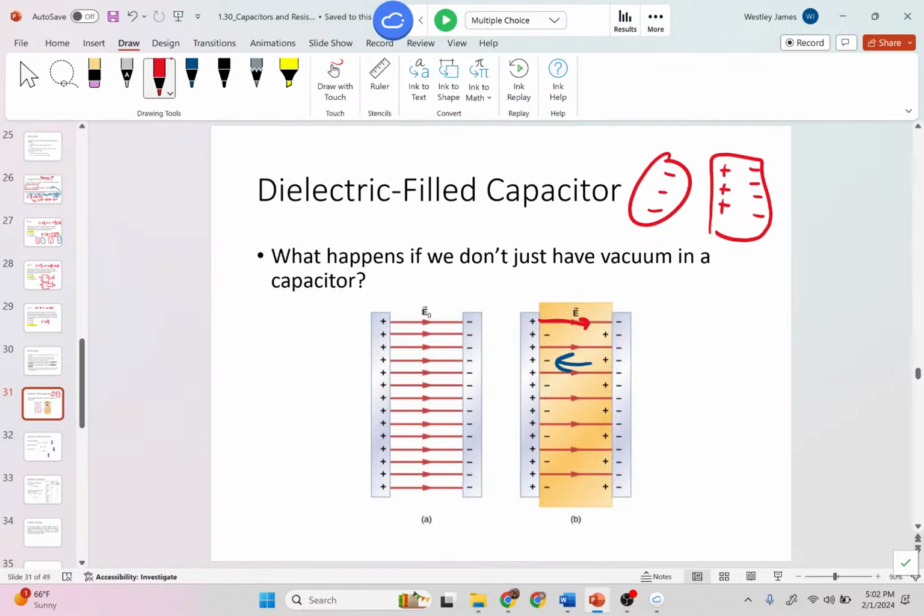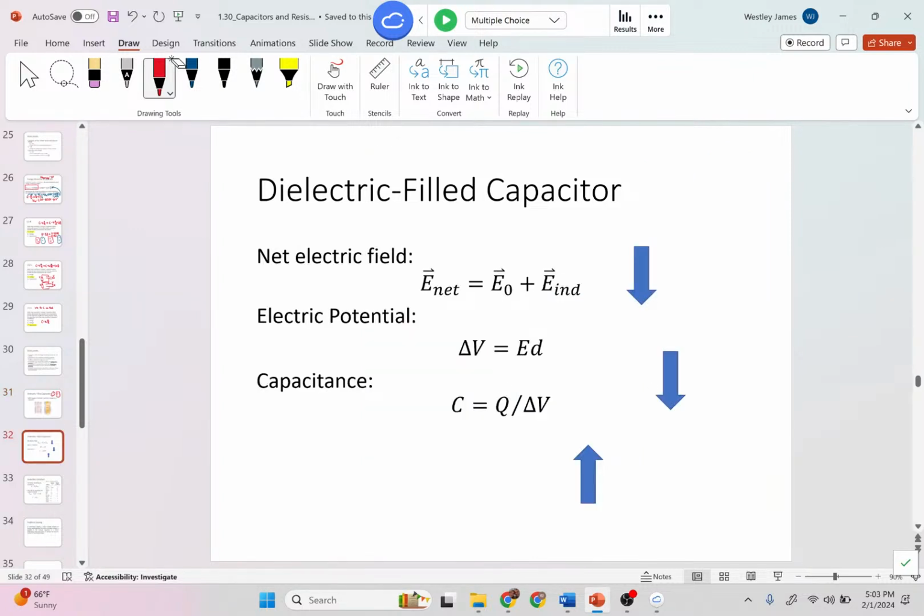It's easier to add charge to it. Another way to think about it, these positive charges here are going to let us attract more charges here, and these negative ones here are going to push away. So long story short, what's the takeaway? If I put a dielectric, I increase the capacitance. That's the takeaway.